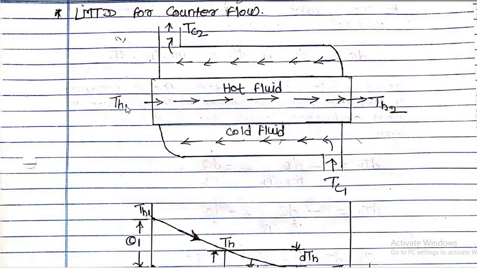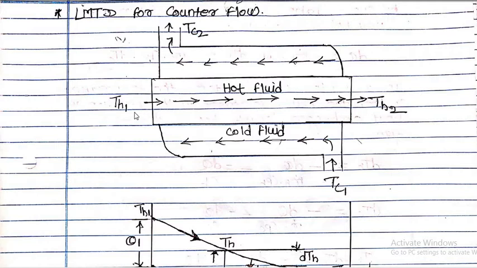The highest temperature of the hot fluid is TH1, and the lowest temperature for the hot fluid is TH2. For the cold fluid, TC1 is the lowest temperature, whereas TC2 is the highest temperature for the cold fluid.